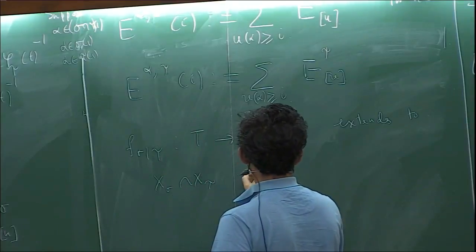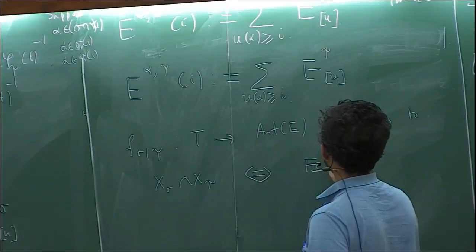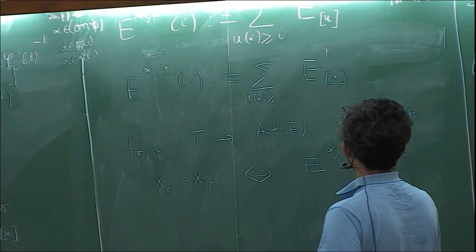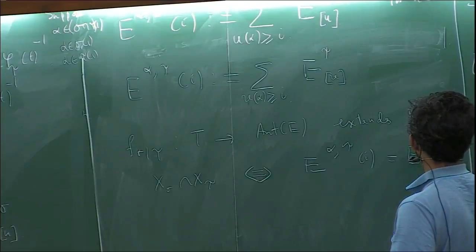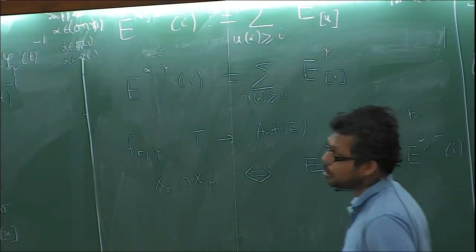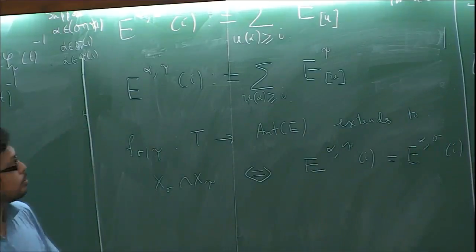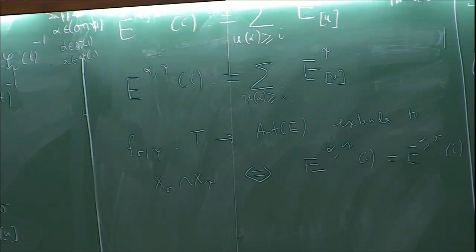This is equivalent to saying that E alpha tau of I is the same as E alpha sigma of I. So that means this filtration I constructed is really independent of which cone alpha lies in.